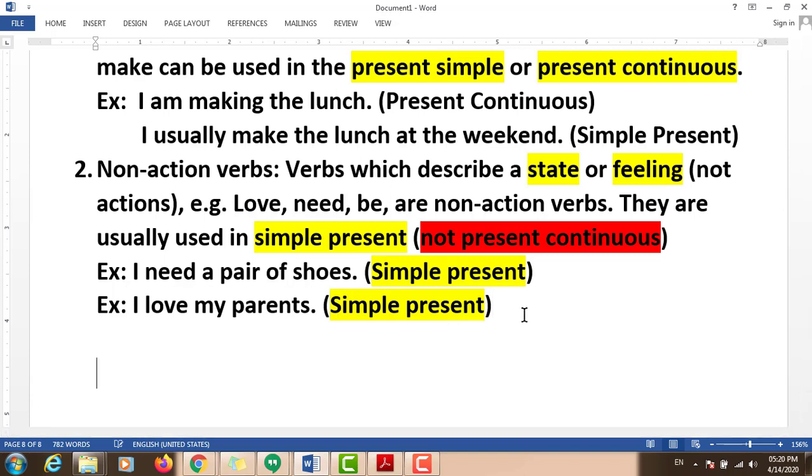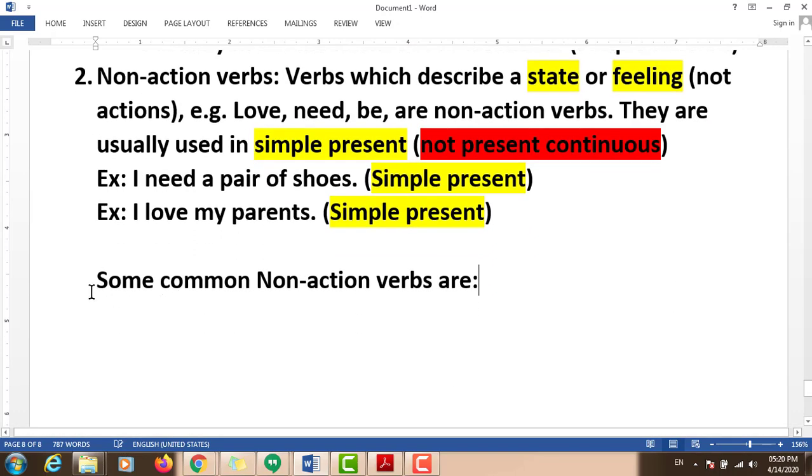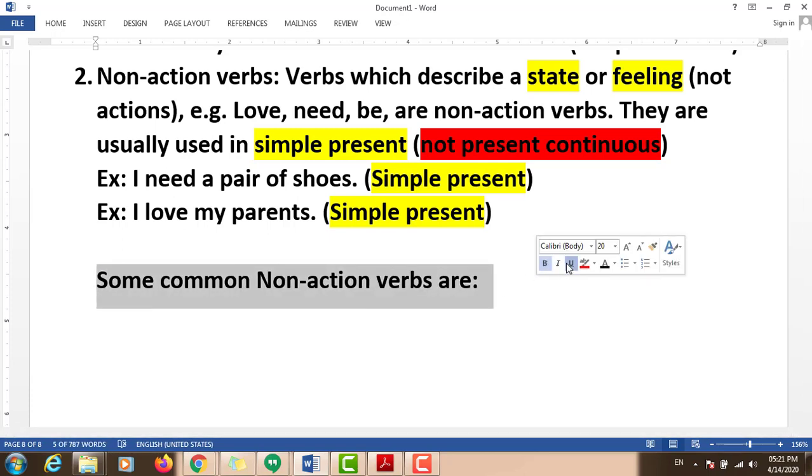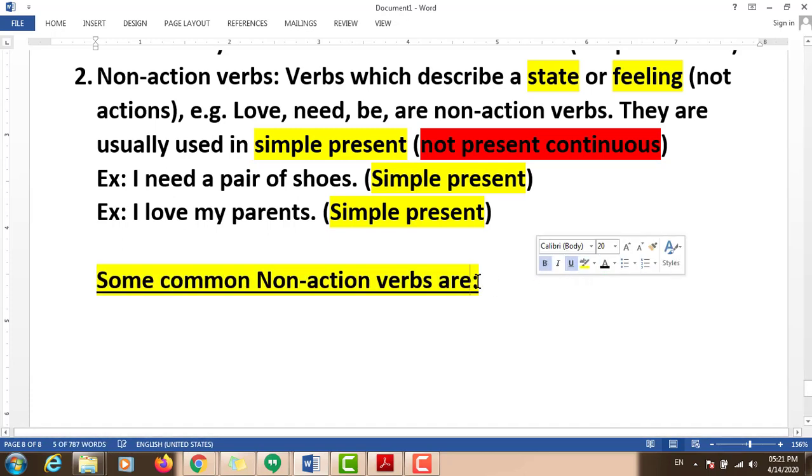So that's it. So some common non-action verbs are those verbs that are usually common non-action verbs. Look at this part. Let me underline it and then let me highlight it. This is called highlighting, okay?